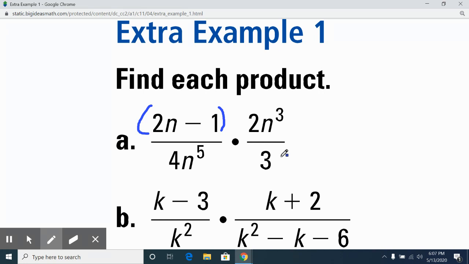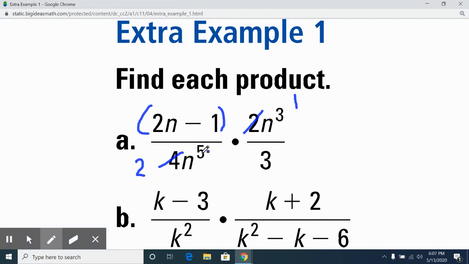All right, so what I'm going to do now is try and cross cancel. Again, 2n minus 1, if I look to my 3 here, I can't do anything with that. I can't cross cancel. But my 2n to the 3rd and my 4n to the 5th, 2 over 4, that's really 1/2. So I'm changing those. And there's more n's in the denominator.